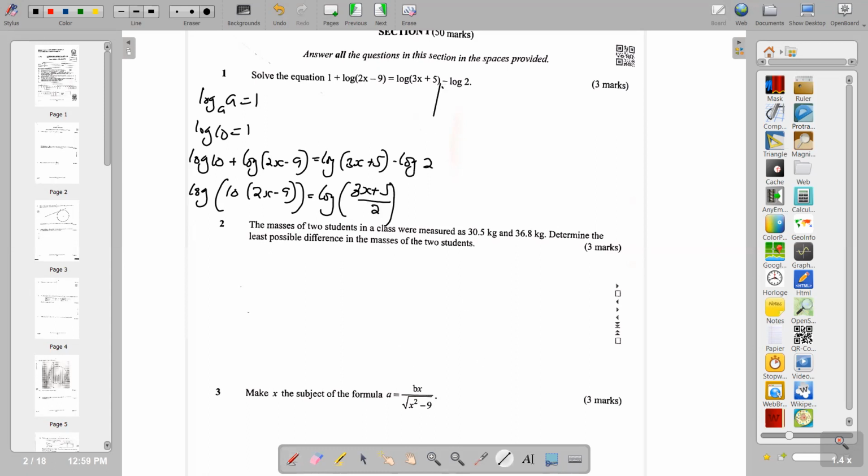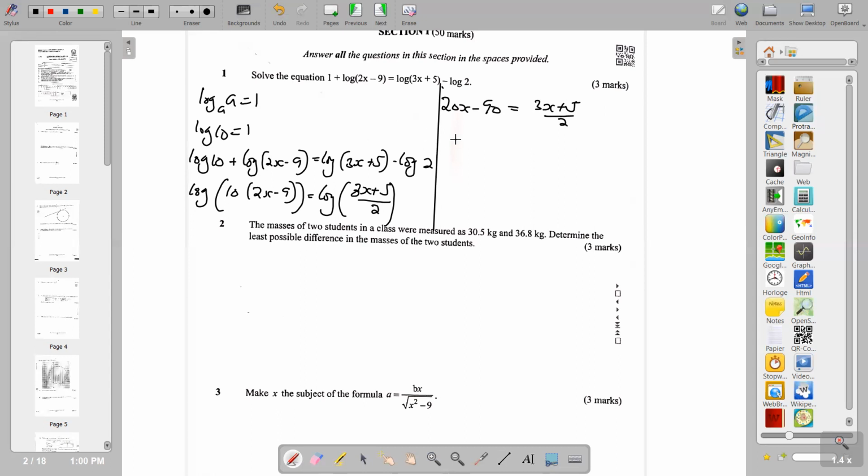Now to drop the logs, you drop the logs and open the brackets, so that will be 20x minus 90 is equal to 3x plus 5 over 2.